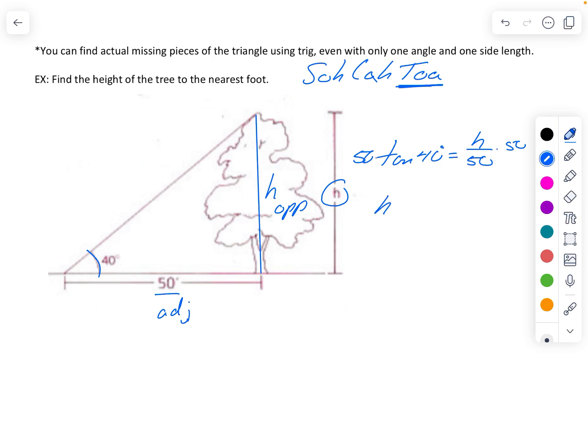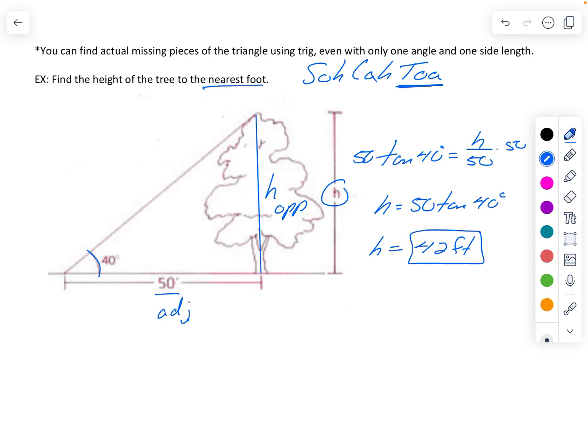In other words, h is equal to 50 times the tangent of 40 degrees. Now that we're putting this in, make sure your calculator is in degrees and not radians. If you have a graphing calculator, push the mode button. Make sure it's degrees and not radians. We're going to punch that in our calculator: 50 tangent of 40, rounded to the nearest foot as it told us to. The height of the tree would be approximately 42 feet tall.